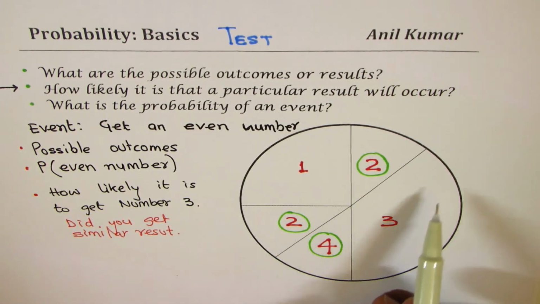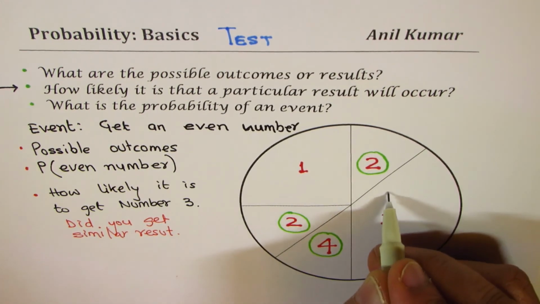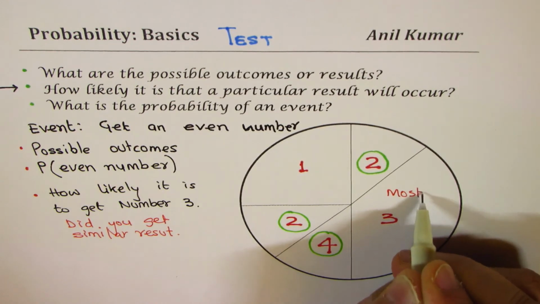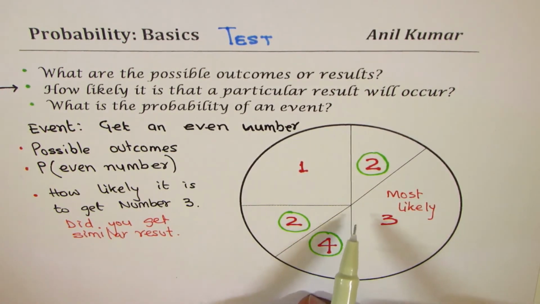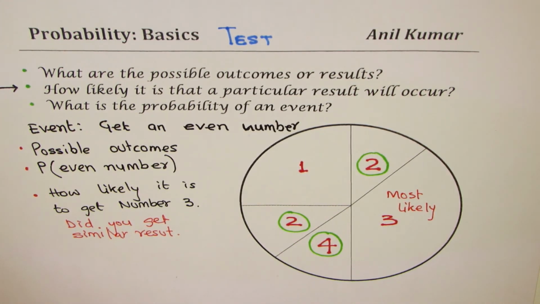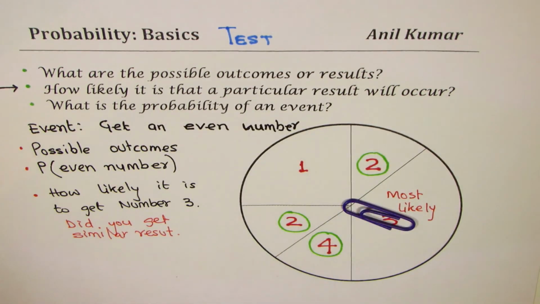As we can see, 3 occupies most of the space, correct? So 3 is most likely, correct? But when you perform the experiment, that is, when you play it 25 times, let us say, then do you really get 3 most number of times, or it is some other number? Perfect. So that is what will tell you how likely it is that a particular result will occur.